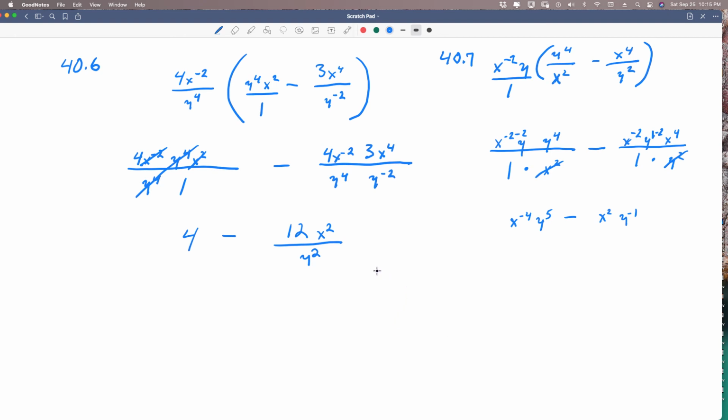So we have one more, and I think I can do it right here instead of having to clear the page on you. We are given k squared b over p to the negative 2. All right, go ahead and write this down as I write it down so that we don't waste time.